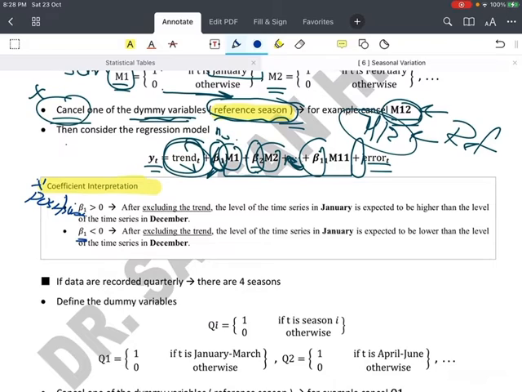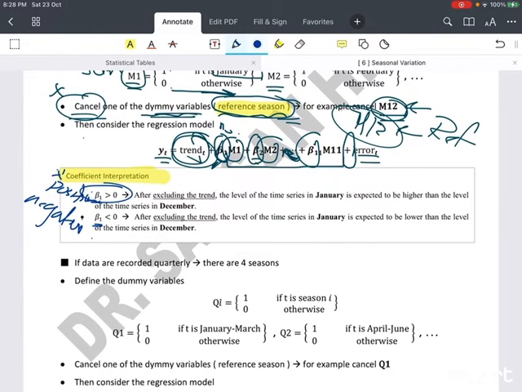But if beta 1 is less than 0, that means it is negative. Okay, so when beta 1 is greater than 0 it will be positive, but if it is less than 0 it will be negative.